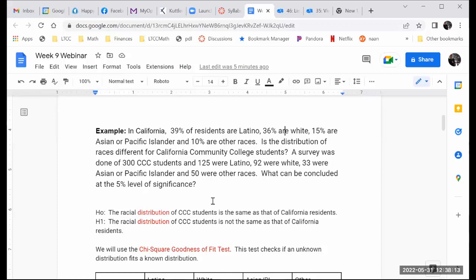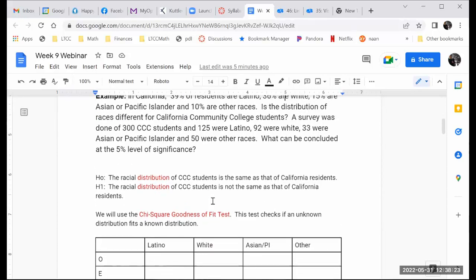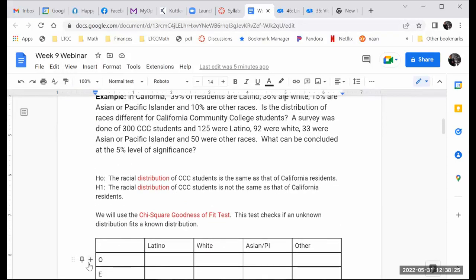Okay, the next step in the goodness of fit test is you draw a table, which I'll call the observed and expected table. I created a table here. We have our Latino, our white, your Asian Pacific Islanders, and your others. I'm going to write O for observed and E for expected.